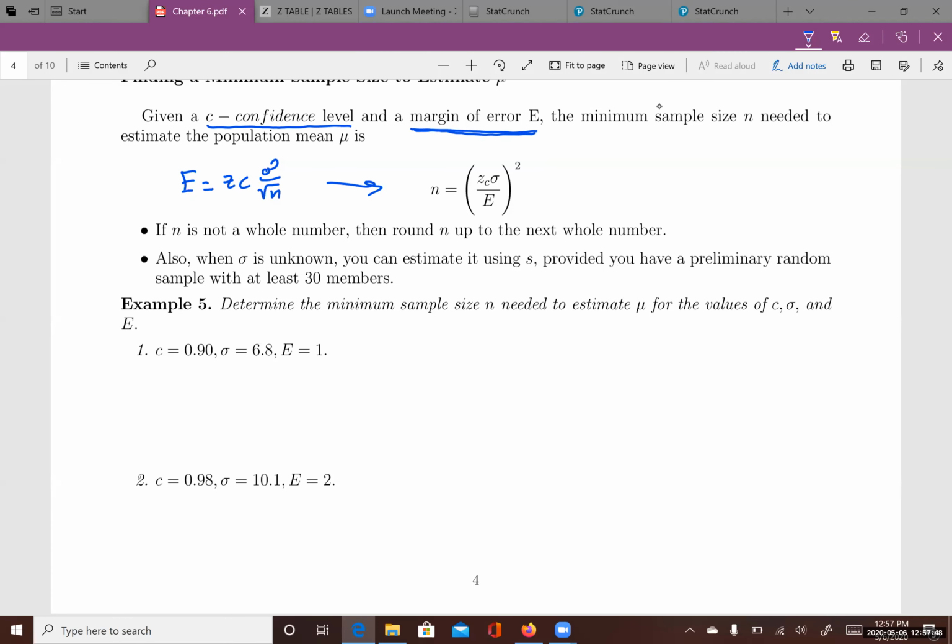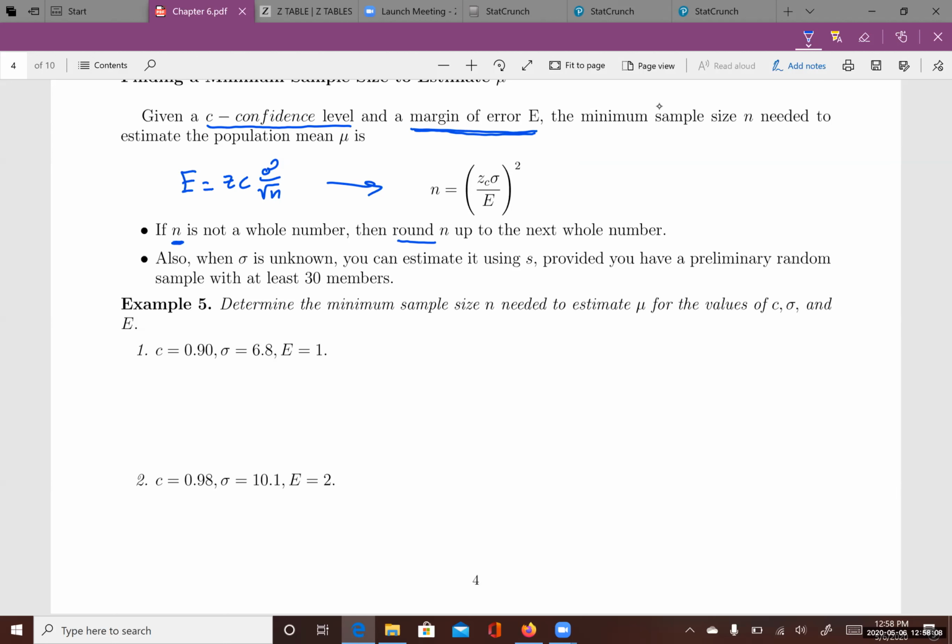A couple of things you want to keep in mind: after your calculations, if N is not a whole number, then you want to round N up to the next whole number. If it's a whole number, you can just keep it.